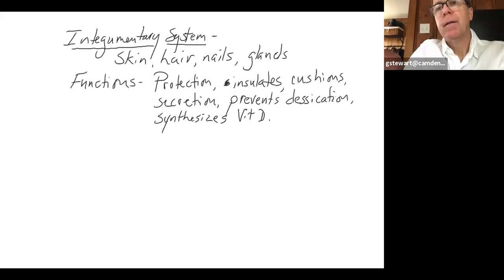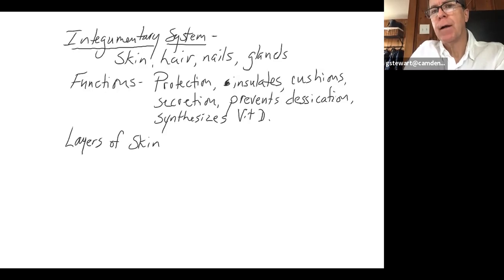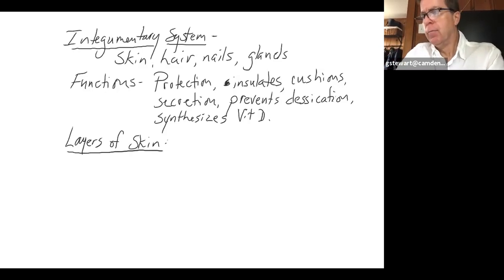Before we leave today, I'm going to talk about the major layers of the skin. I'm sure I won't get to hair and nails and all that business, or glands, but I do want to highlight the layers of the skin, okay? And there's 2 major layers, and then there are sub-layers within the major layers.